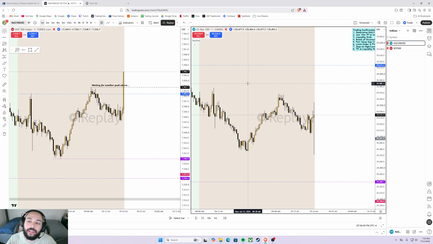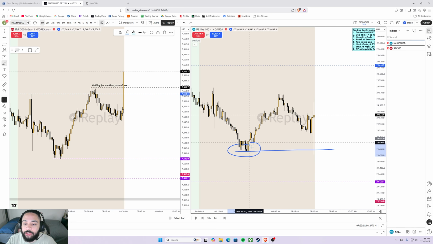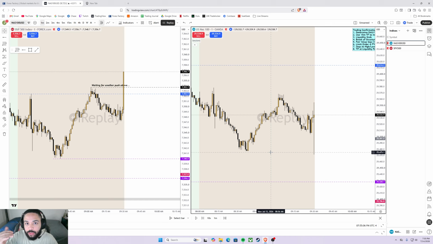And you're beginning to see that Nas by the minute is becoming less attractive because you wanted to see Nas make an aggressive push up to reach our point of interest, but instead it basically had like an indecision candle, up and down, and it cleared the liquidity here, right? And you want, especially after 9:30, you want these targets to remain in place so that there's reason for price to want to go after those targets for you to take partials or for you to hit your take profits, right?